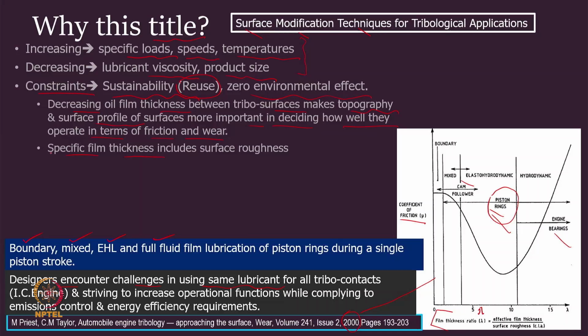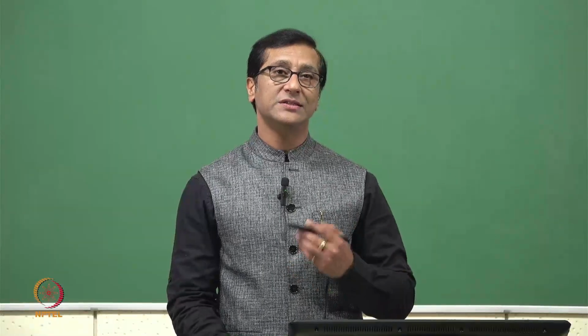Even though we know specific film thickness includes a composite surface roughness, we already consider it when dividing into subdomains like boundary lubrication, mixed lubrication, EHL and hydrodynamic lubrication. But we may require to include the real surface roughness also. That becomes very important for us to consider.